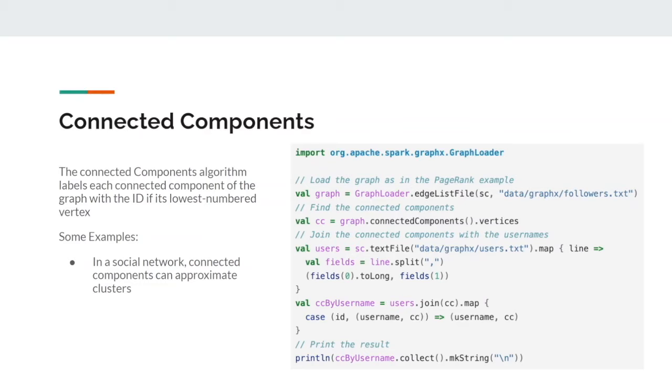We find the connected components, we join the connected components with the usernames, and then we print the results. I'm just showing you these lines of code to show you how simple it is, but we will go more in depth on a demo later on in the presentation.